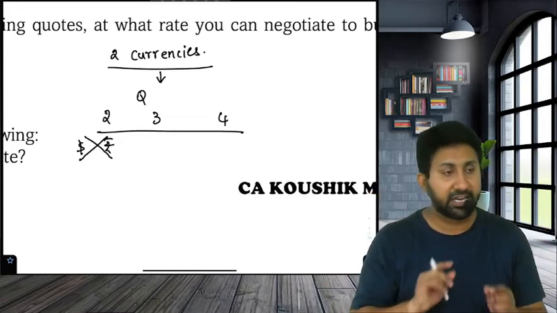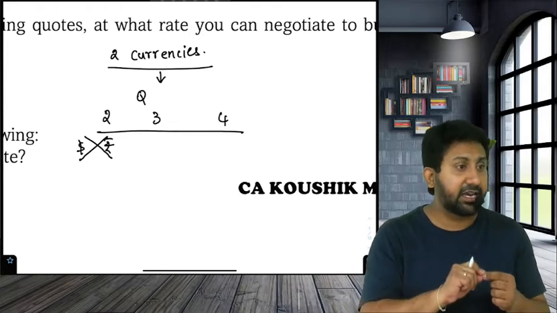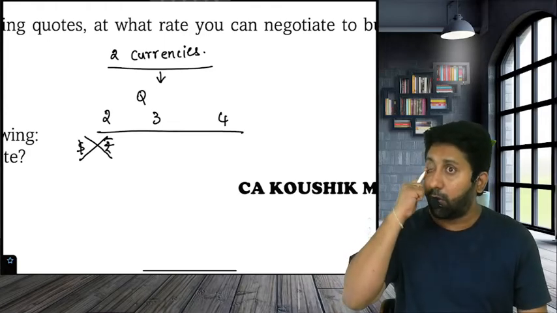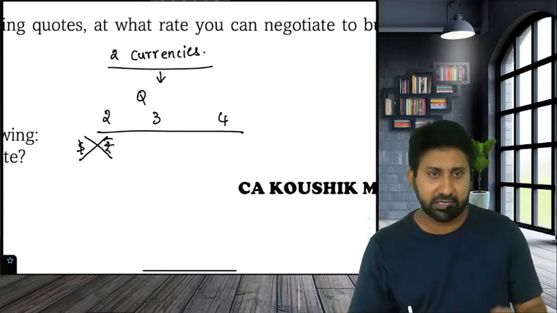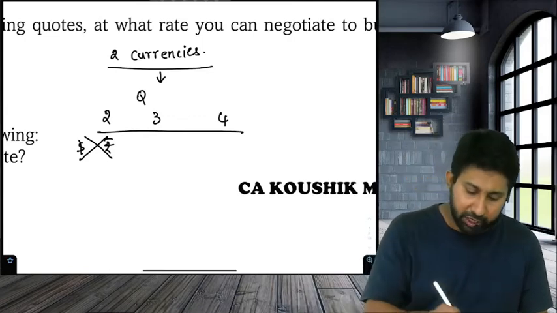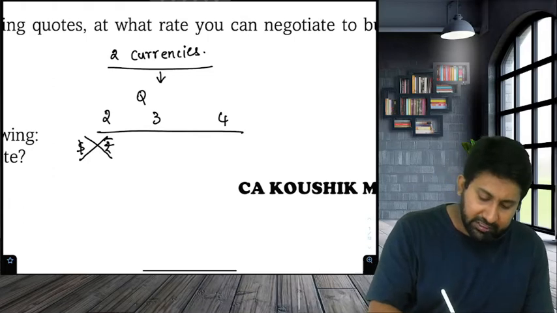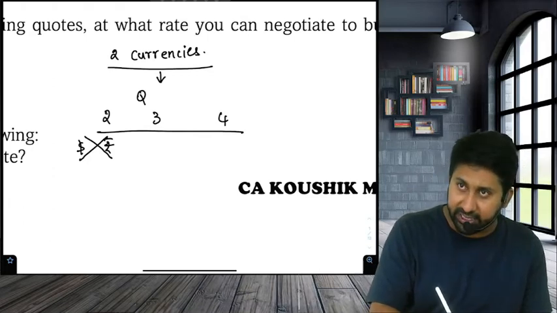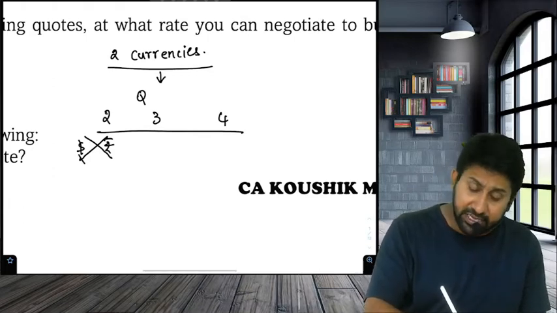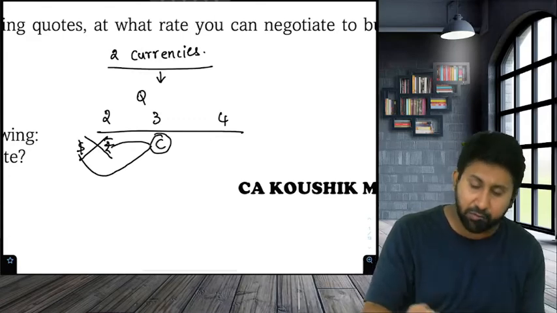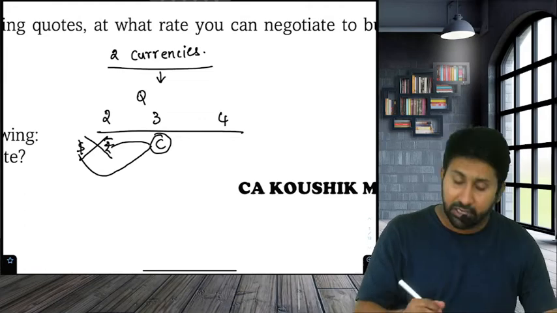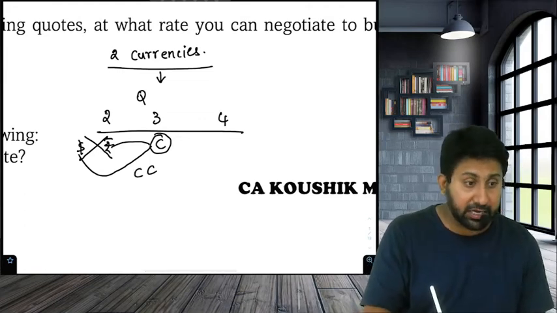If the exchange can't be created between two, how come the exports and imports happen between those two countries? That we need to understand first. So therefore, when two currencies are not quoted against each other, but individually each currency is quoted against one common third currency, in that case, we can calculate cross currency quotation.